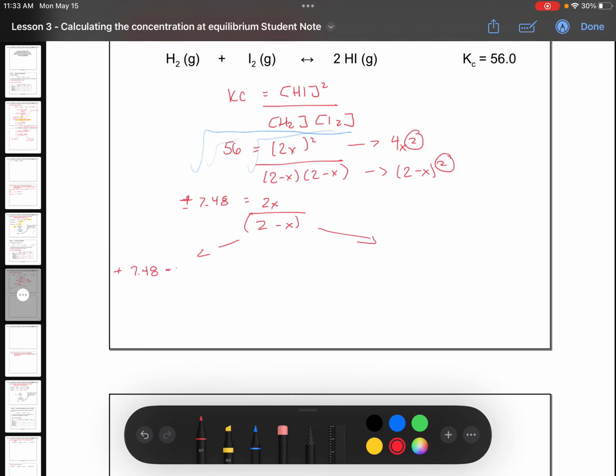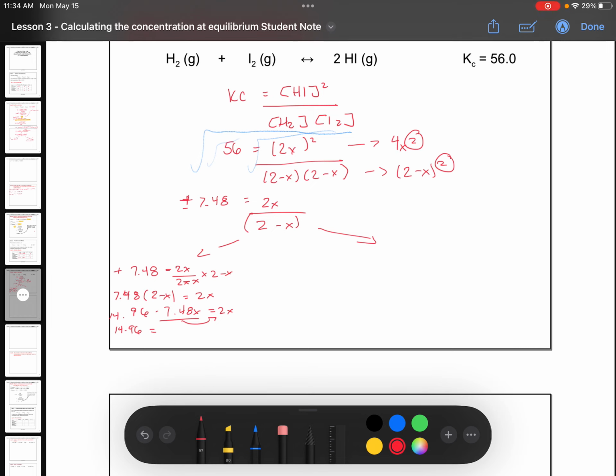From there, we can do our plus and minus. So if we were to do positive 7.48 equals 2x over 2 minus x, we would multiply both sides by 2 minus x, and we'll get 7.48 multiplied by 2 minus x equals 2x. From there, we would get 14.96 minus 7.48x equals 2x.